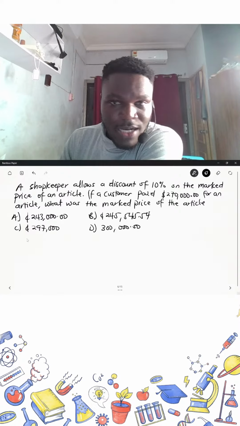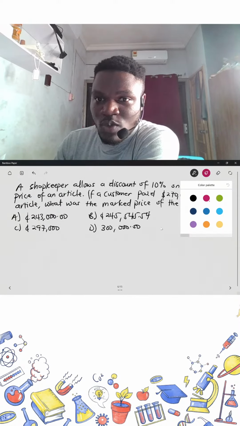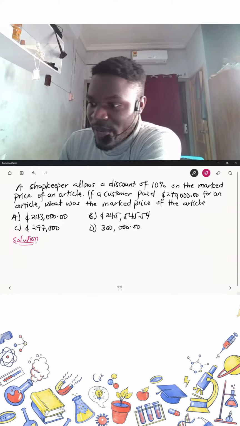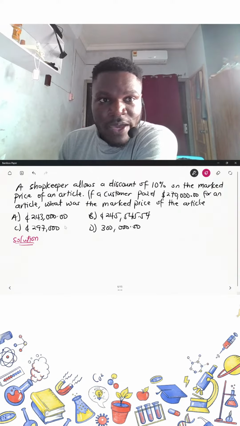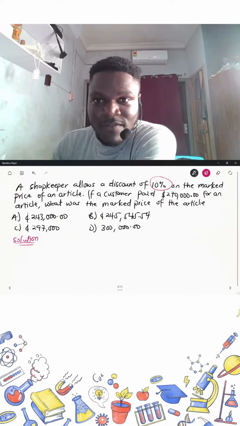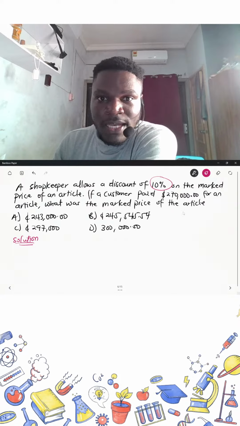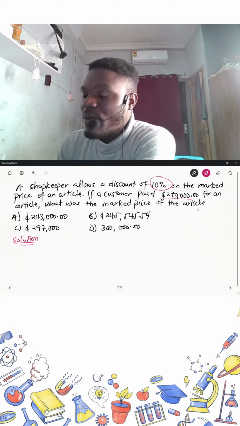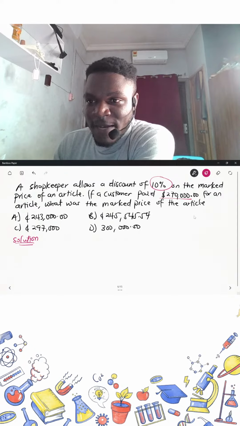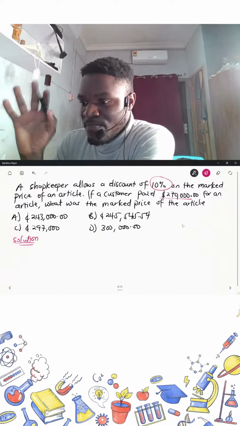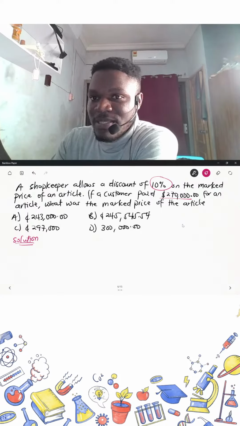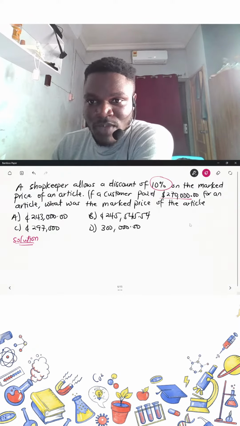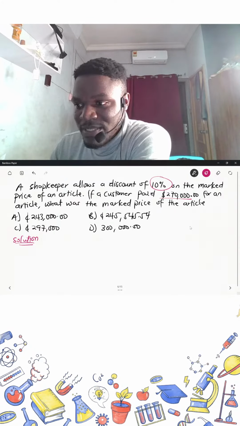So just so that the others who are watching will understand how we got to the answer of 300,000 as indicated by Cheyenne, I will solve. We've been told that the shopkeeper gives a 10% discount, and then a customer after that 10% paid 270,000, which means that if 100% is the price, after they have taken 10% out, the person paid 90% of it.